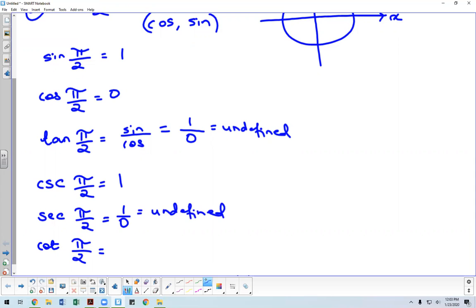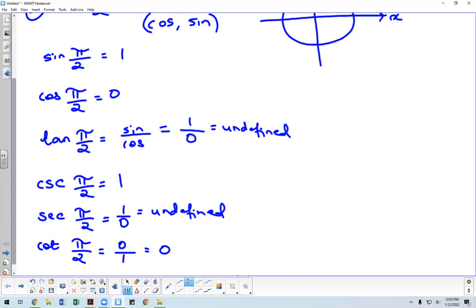What will happen with cotangent? It'll be 0. Yeah, because if you invert this fraction here, 1 over 0, it will become 0 over 1, which ends up becoming 0. So just because tangent is undefined doesn't mean cotangent will be undefined.